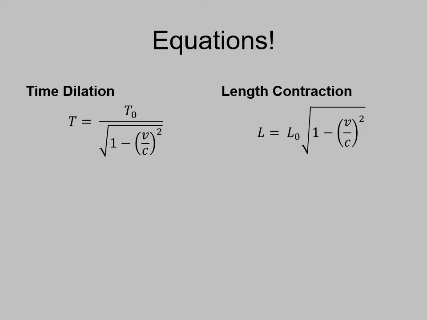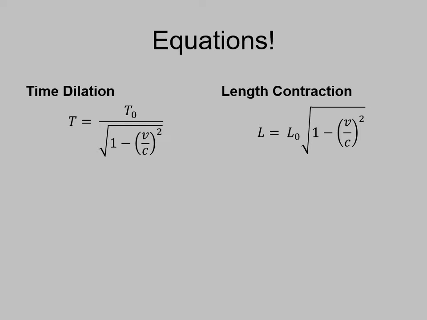And so T naught divided by something close to 0 is huge. So that means that while very little time passes for something moving, a whole lot of time passes for something that's sitting stationary. And likewise, the length measured for something moving is going to be much, much less than the length measured if it were stationary.